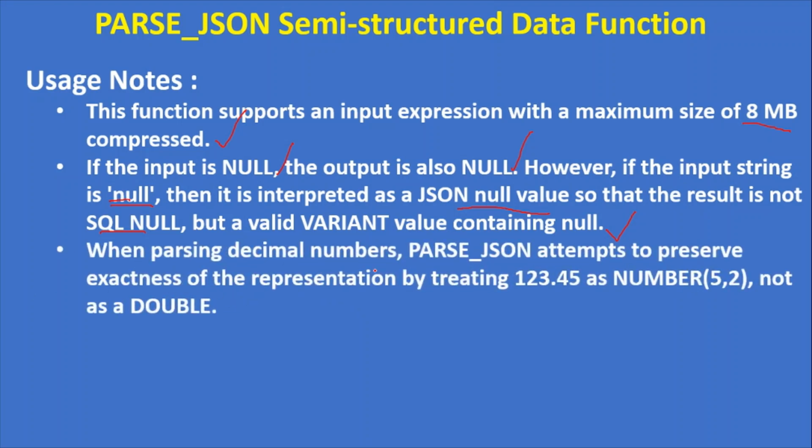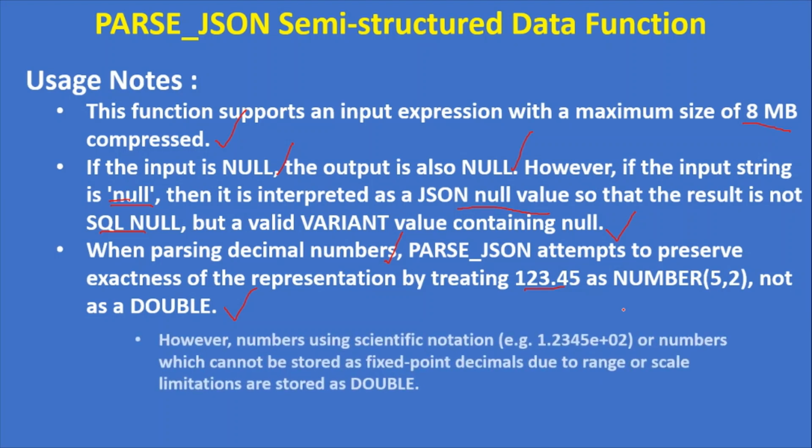When parsing decimal numbers, suppose you give the input as a decimal number, PARSE_JSON attempts to preserve the exactness of the representation by treating 123.45 as NUMBER(5,2), not as a double. Please note that when you give a number with scale and precision, in Snowflake PARSE_JSON will try to convert it into NUMBER(5,2), not a double.